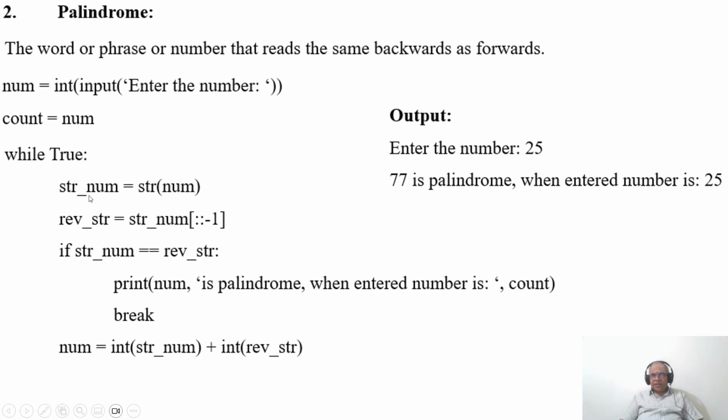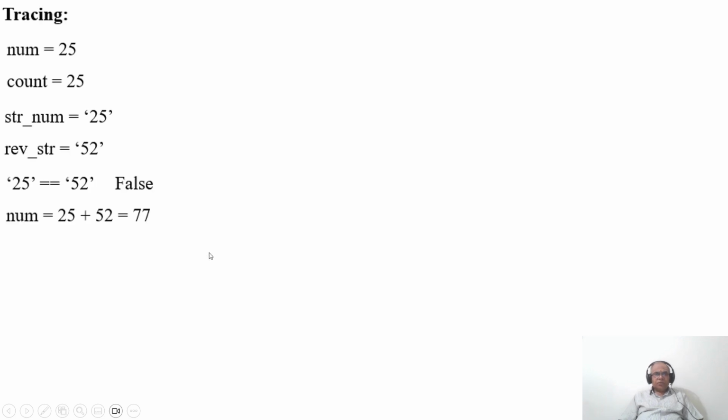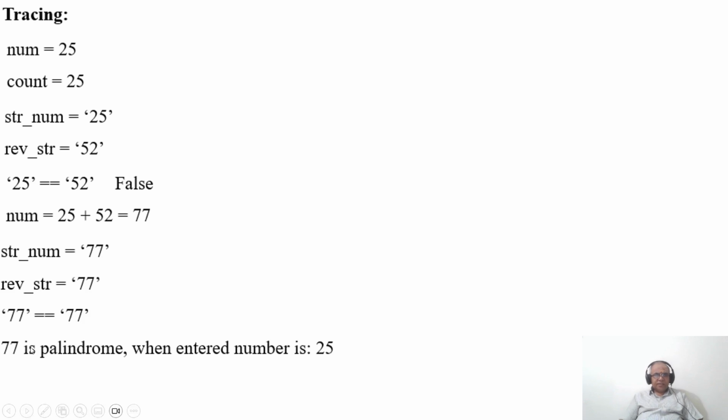What is the value of str underscore num now? It is str num, and num is 77. So str num becomes 77, and reverse string will also become 77. So '77' is equal to '77'. Yes, so the condition becomes true here. Therefore, 77 is a palindrome when the entered number is 25.